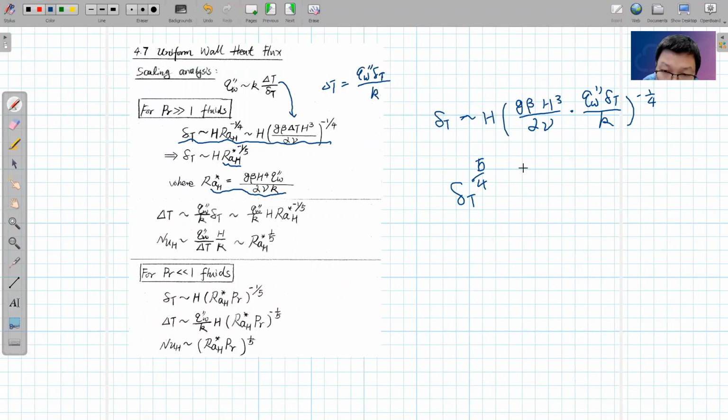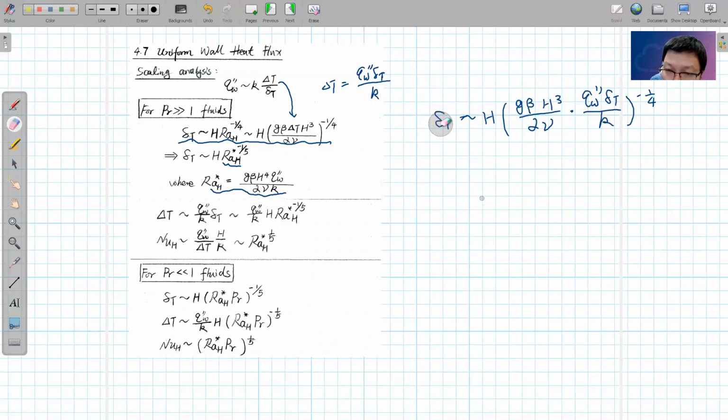Okay. And divided, and you have H here. Oh, maybe I should not do it this way. It looks not good. But the basic idea is that you have delta T on both sides.